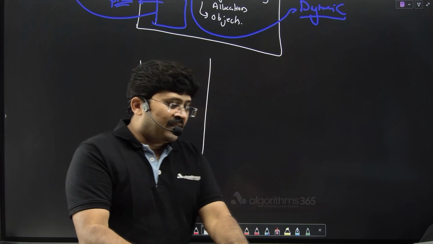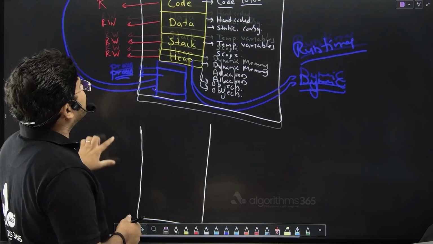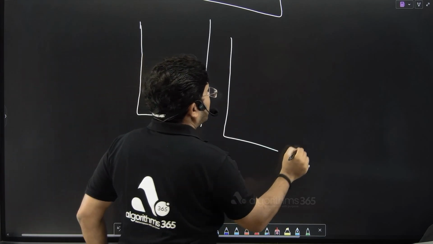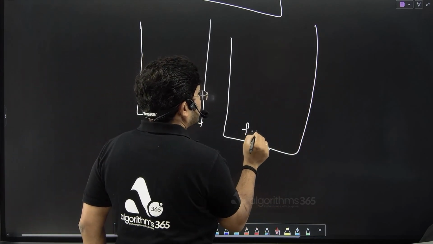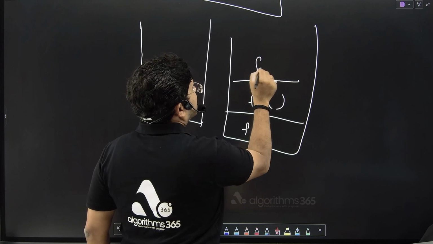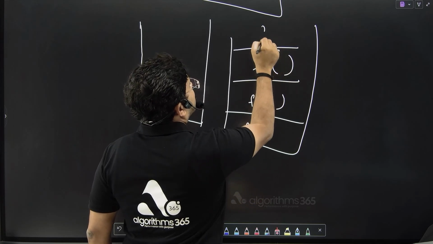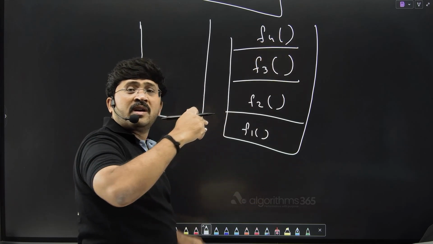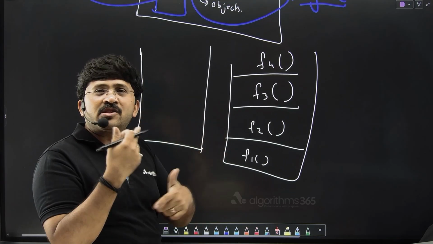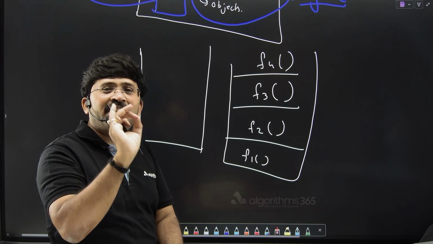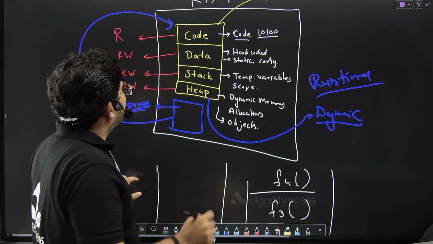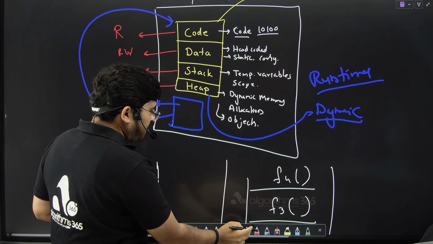So this stack memory will grow as you call functions. So you call function f1, from there you call function f2, from there you call function f3, from there you call function f4. What if you kept on calling like this iteratively? You never stopped. This is a famous interview question: if you kept on doing that, what will happen?